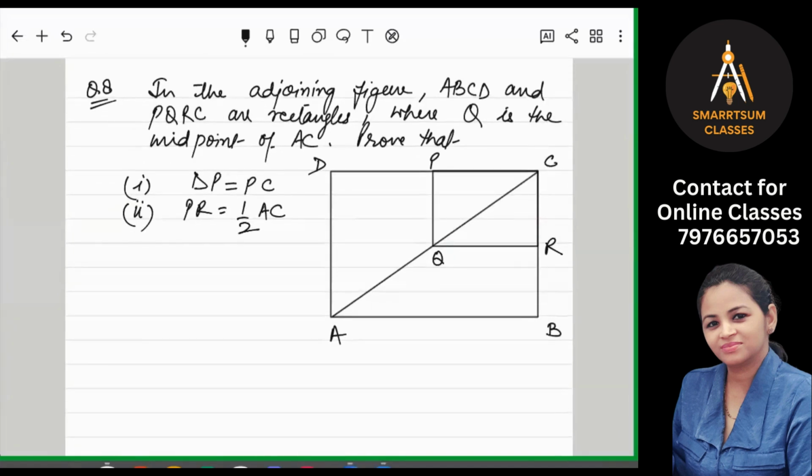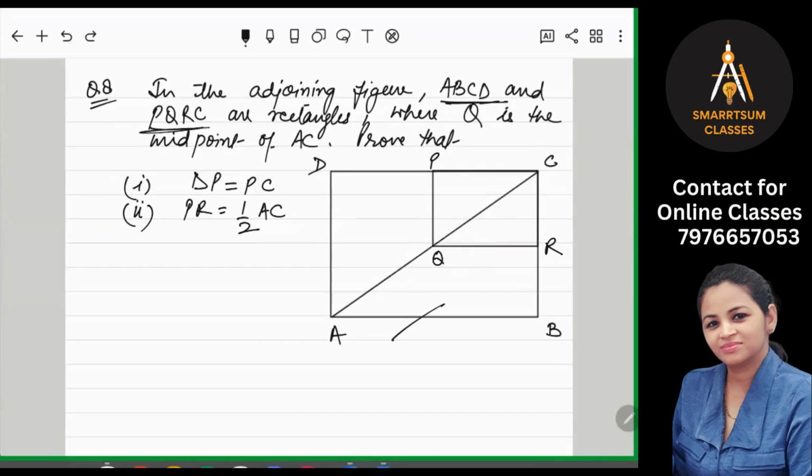Now look at another question, number 8. In the adjoining figure, ABCD and PQRC are rectangles. ABCD is the bigger one, and PQRC is the smaller one, where Q is the midpoint of AC. So this Q is the midpoint of the diagonal AC. Now, what do you have to prove?